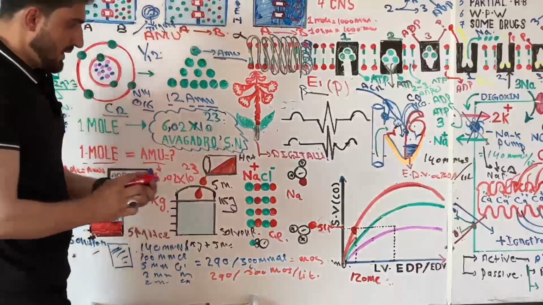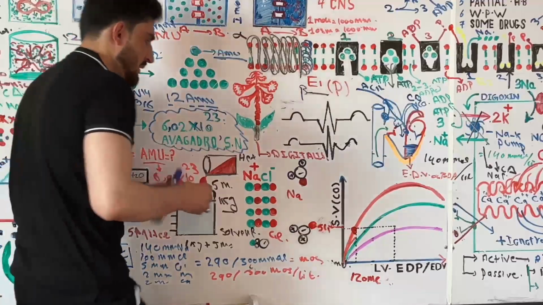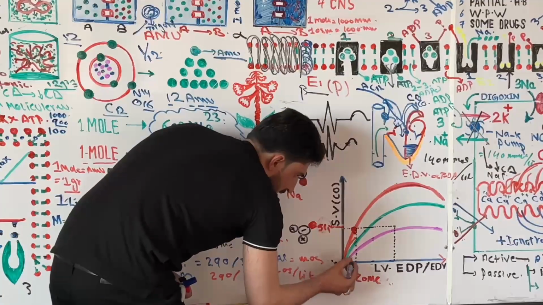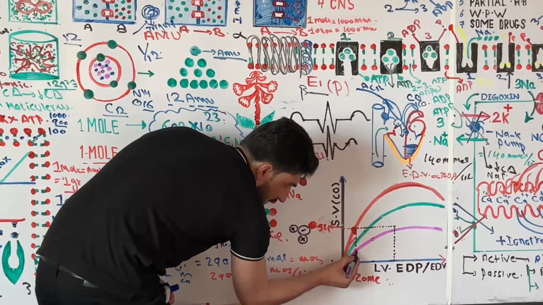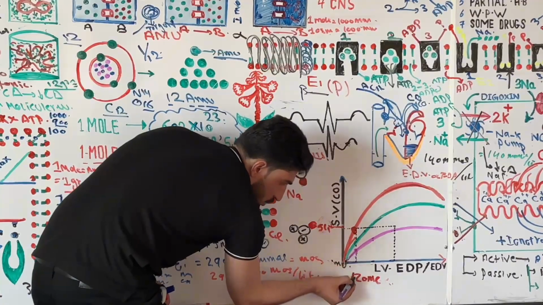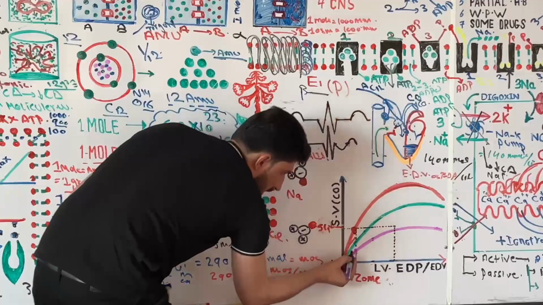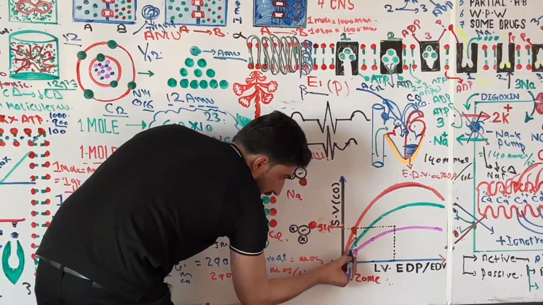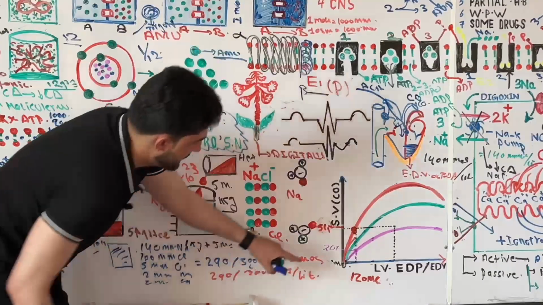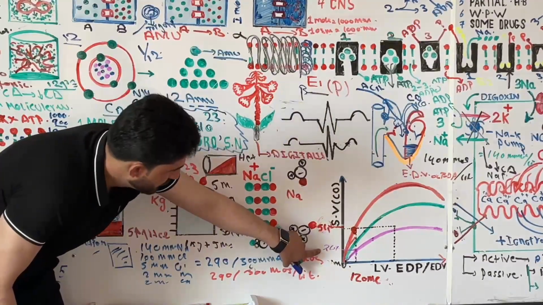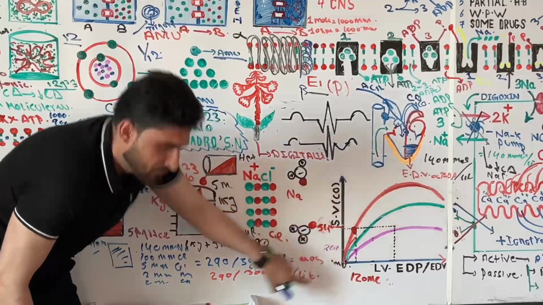But this is the graph of heart failure. This graph of heart failure shows that if I have 120 ml end-diastolic volume, I should have about, for example, 2 or 3 liters of cardiac output. So this is so much less.